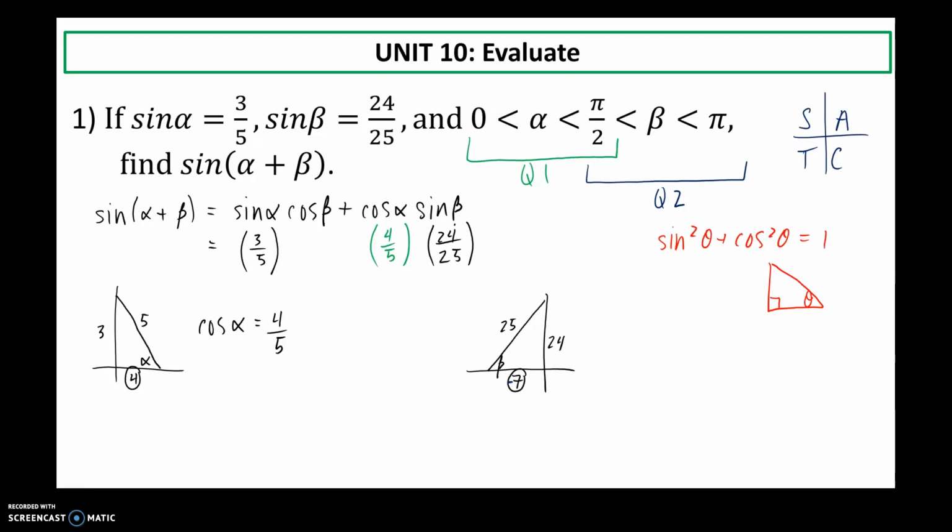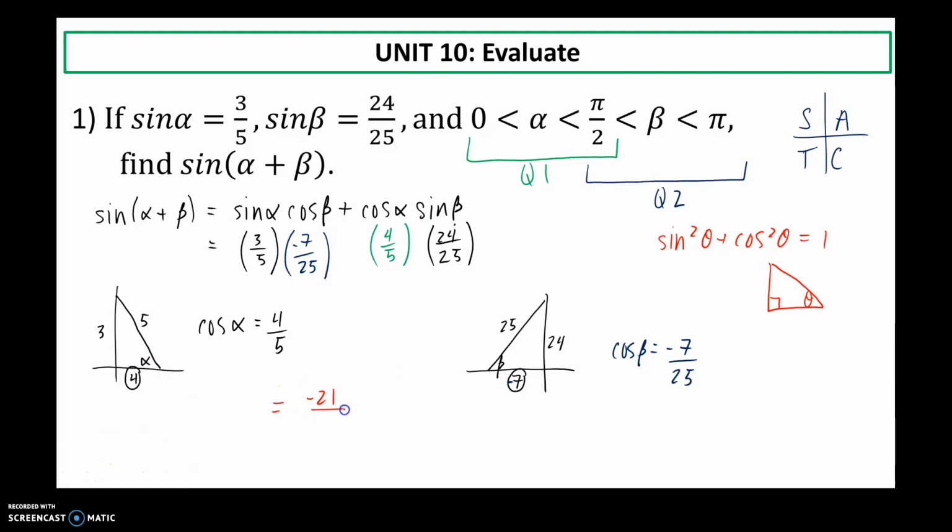If you don't want to do that and you just know that in the second quadrant the cosine function needs to be negative, so the cosine of beta is adjacent over hypotenuse. So I'm going to replace cosine of beta with -7/25.